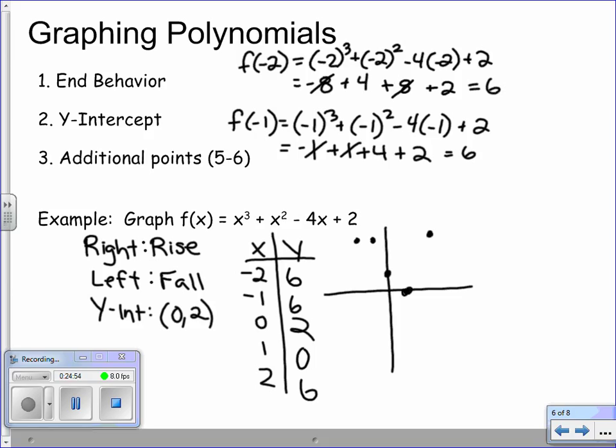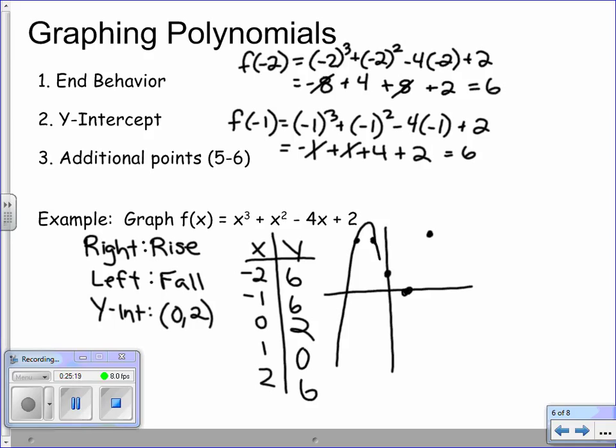But your brain knows what happens on the left and the right side of the graph. So on the left side of -2, what's the left side of my graph doing? Falling. So it's coming from the negative infinities, right? So it's going to come up. It must turn around somewhere so that it comes back down.